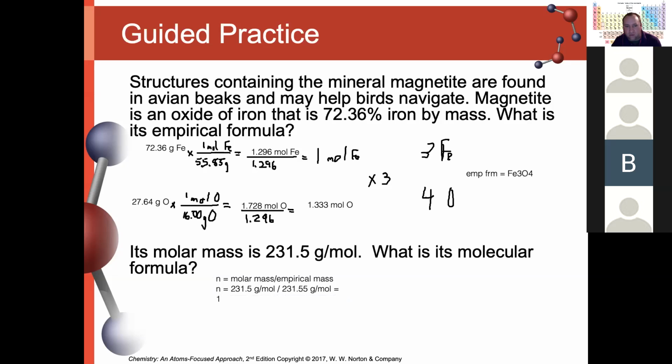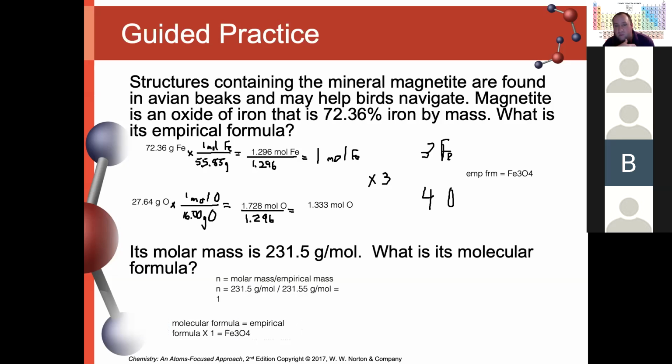And so the molecular formula is the same as the empirical formula, times 1. So Fe3O4 is also the molecular formula in this case.